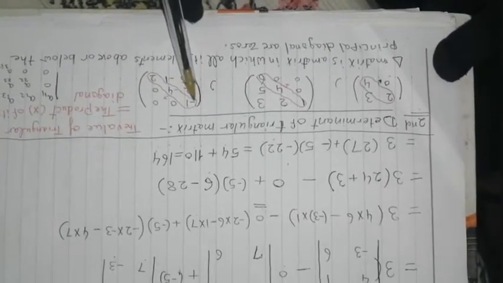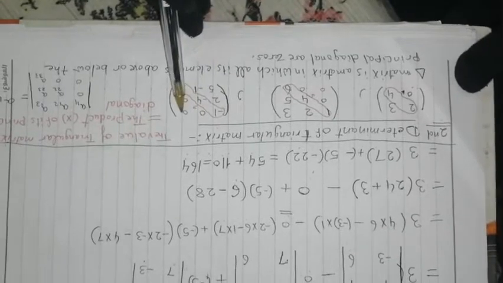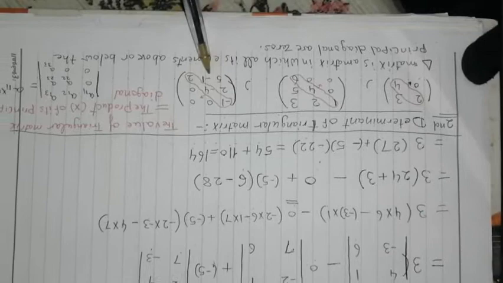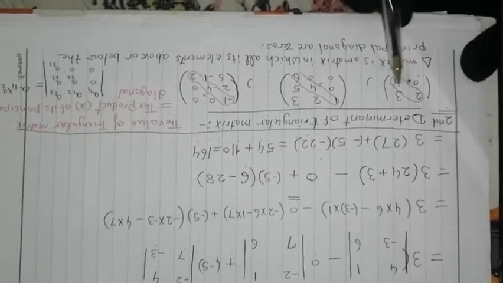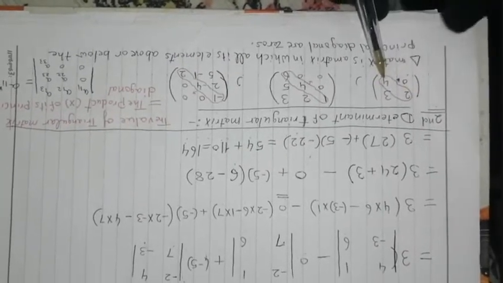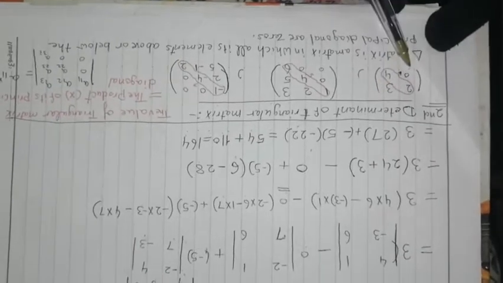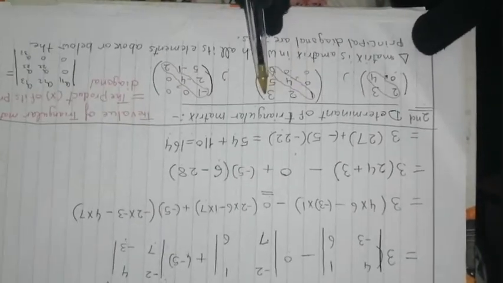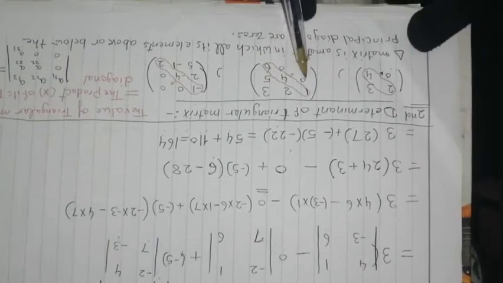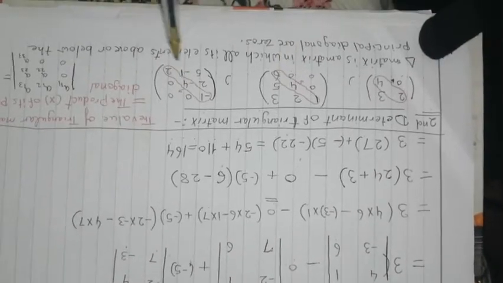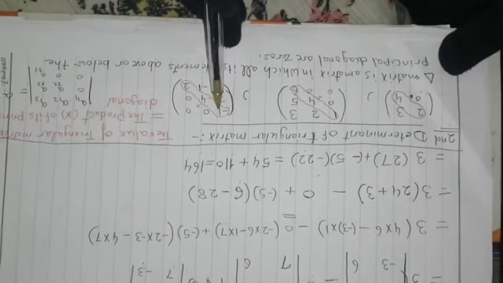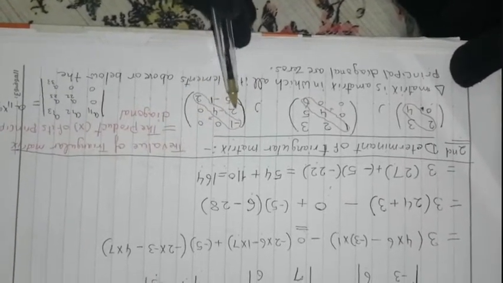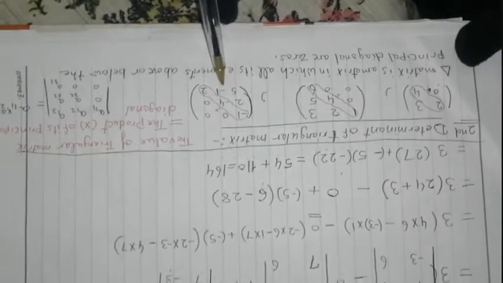Another matrix, -1, 0, 0, 2, -4, 0, 5, -1, 2. Look at the principal diagonal. Above 3, down 0. Above the principal diagonal 2, 3, 5, down 0, 0, 0. The principal diagonal here, -1, -4, 2. Above 0, 0, 0, down 2, 5, -1.